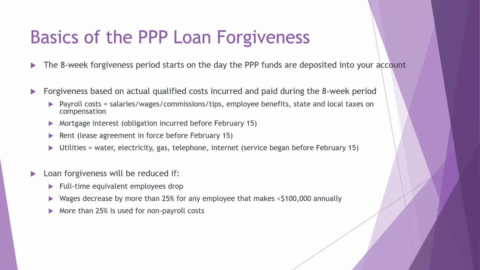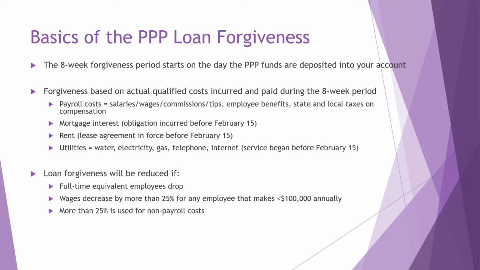Now the loan forgiveness can be potentially reduced if your full-time equivalent employees count goes down, if your wages decrease by more than 25% for any employee that's making under $100,000 a year, or if more than 25% of the loan forgiveness is used for non-payroll costs.